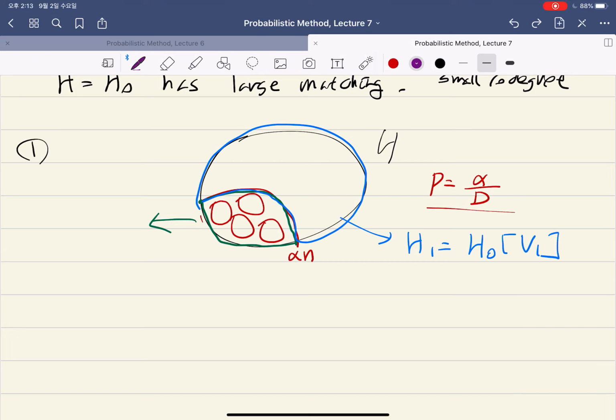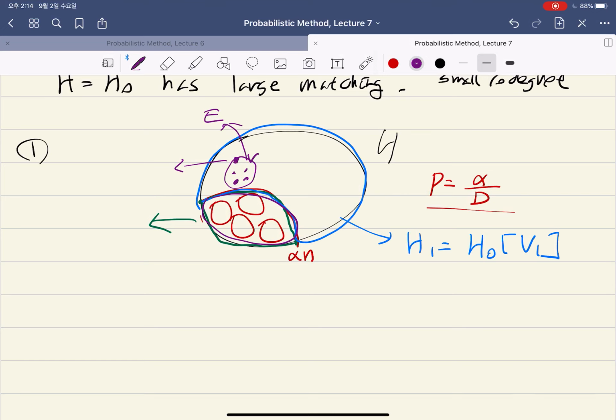Now, what's the degree of the vertices here? A vertex is here, and the edge has k minus 1 other vertices. If at least one of them is included in the deleted set, say W, then this edge is no longer there.